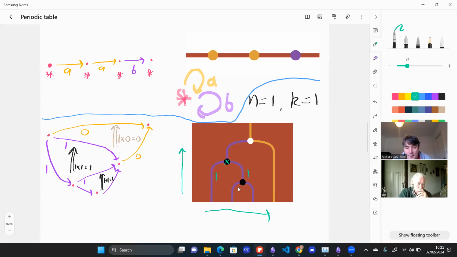Or we could say it's the same thing as this. Do you see how these are sort of dual to each other? Like we could convert this one on the left to this one on the right by sort of dualizing it.